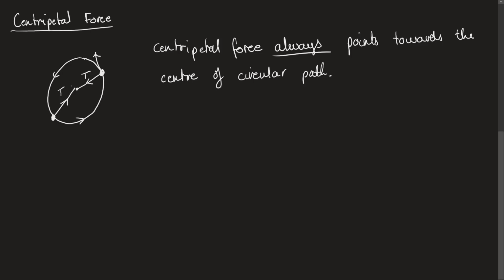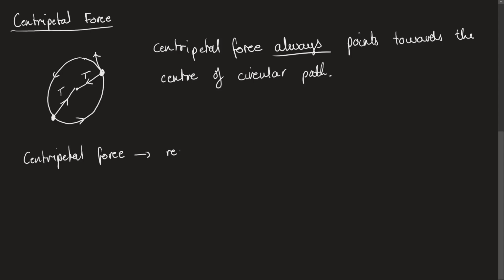Now, another key thing here is, why are we calling this the centripetal force when it's actually just the tension in the rope? The reason we have to do that is because centripetal force is a resultant force.